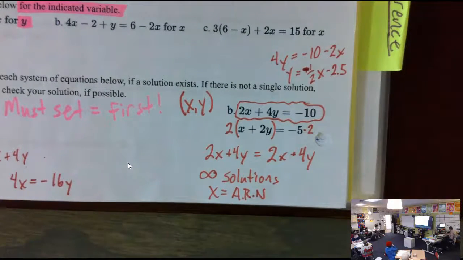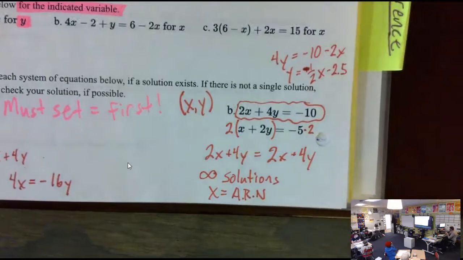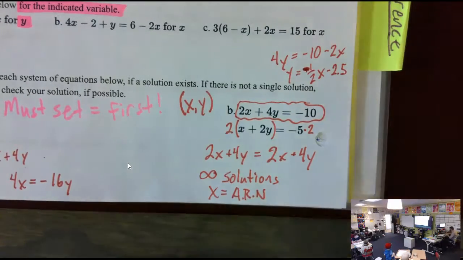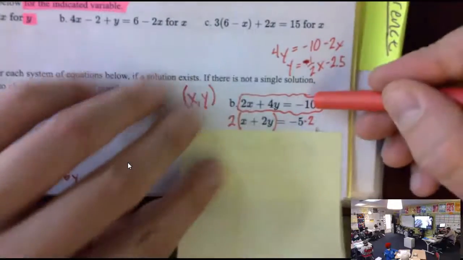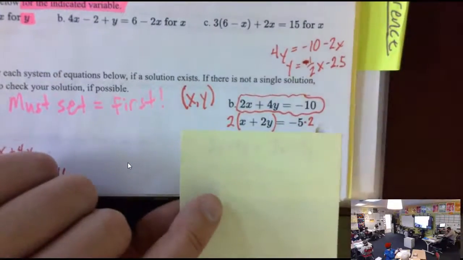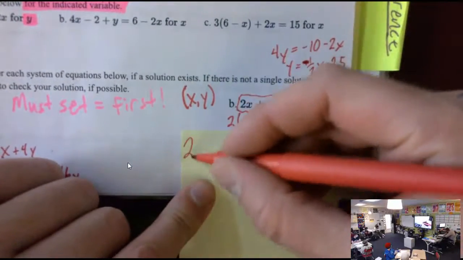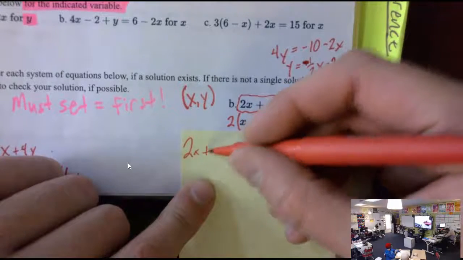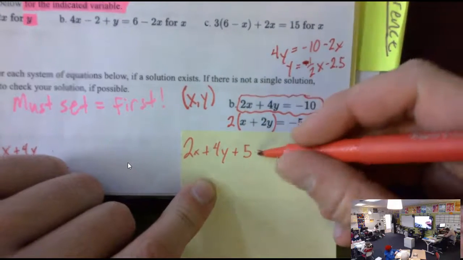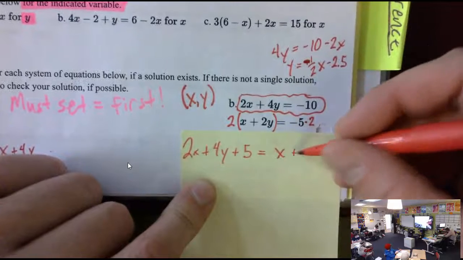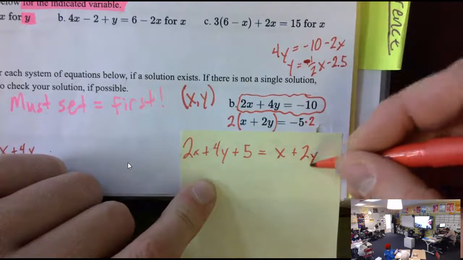Let's play with that for a second. So you can't just add 5 on one side. So I do think that you broke a math rule by saying you did it just on one side. But if I add 5 over here, I add 5 over here. So what we would be saying is 2x plus 4y plus 5 equals x plus 2y.